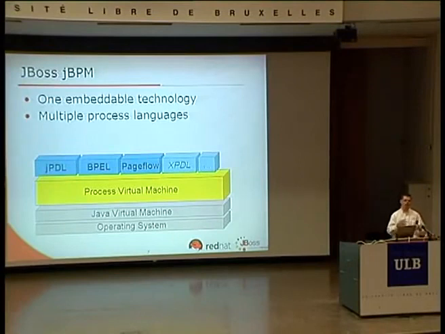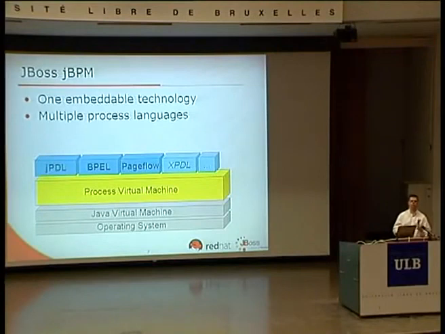So for instance, JPDL is a language which targets a clean integration with Java, and it also has a focus on task management: maintaining tasks for people, creating tasks, and allowing users to submit results for their tasks. So that's a number of features that we add on top of this state machine technology, which is in the process virtual machine.